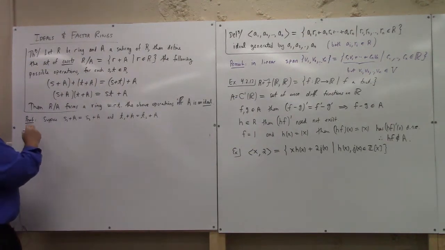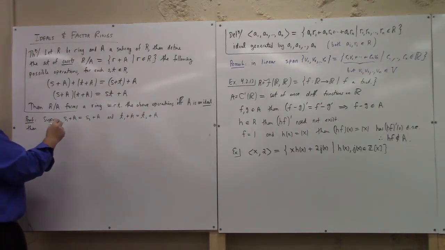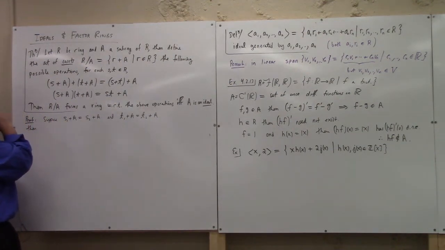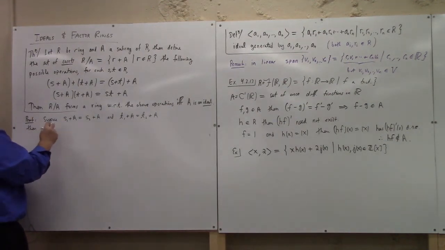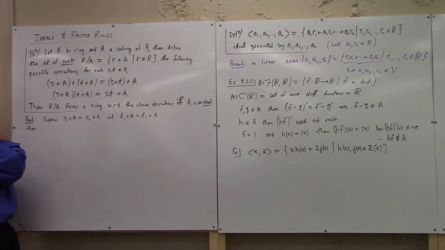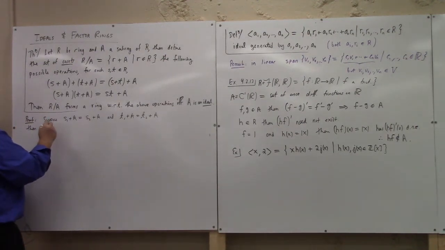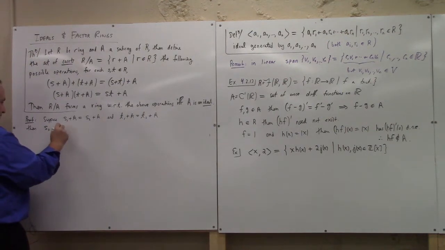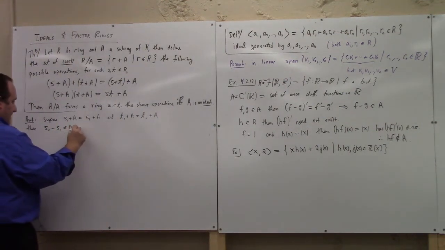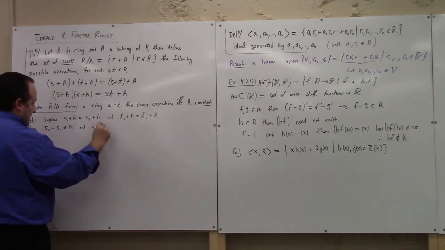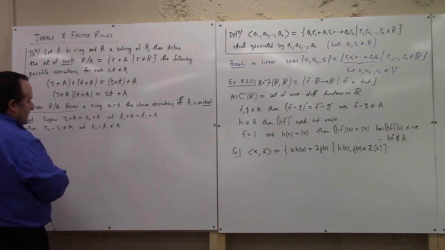What does that mean? It means a lot of different things, but one clear one: you can get from this that S2 minus S1 is an element of A, and T2 minus T1 has to be an element of A.